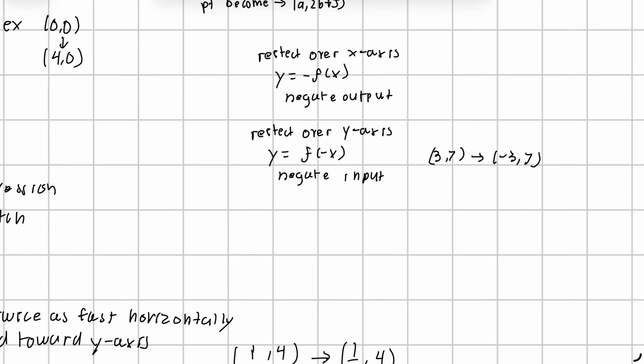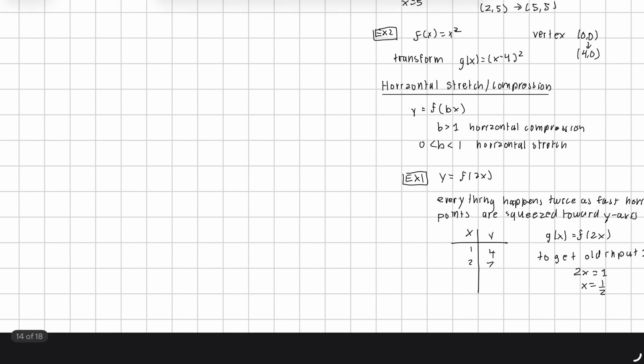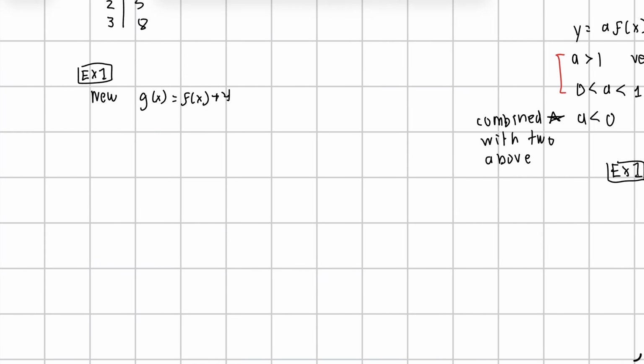So let's do some examples of reading transformations from tables. Let's say we have originally x and then f(x): x is 1, 2, 3 and f(x) is 2, 5, 8. Let's say that our new function in our first example is g(x), and we're taking all the old values and adding 4.